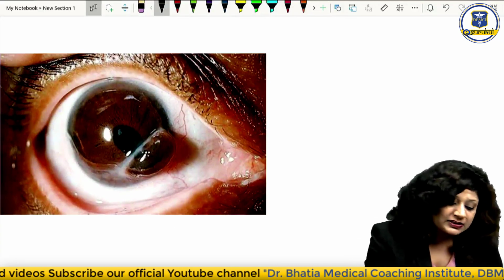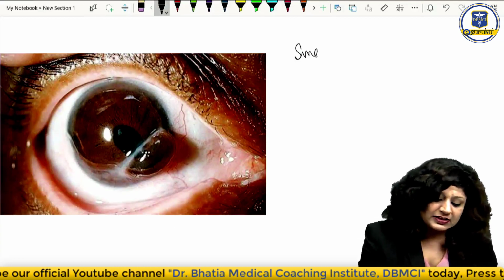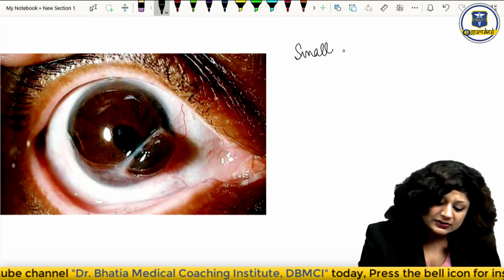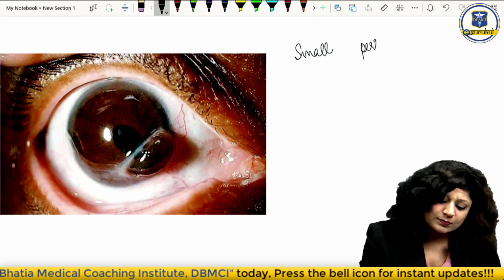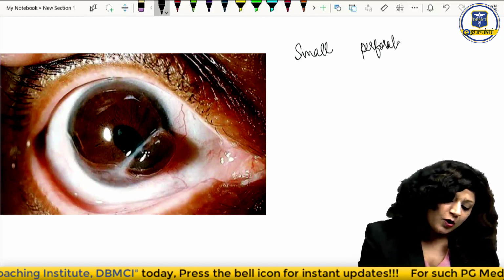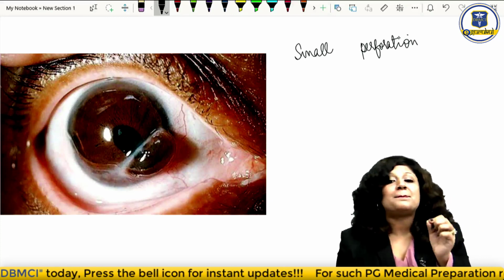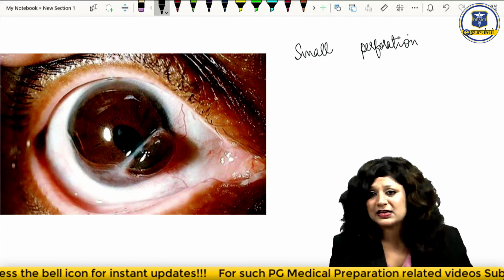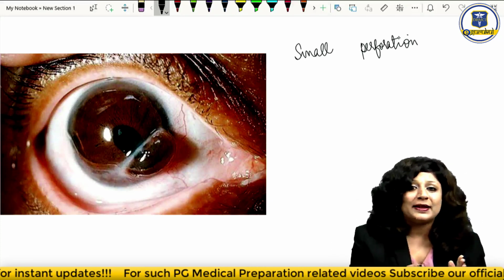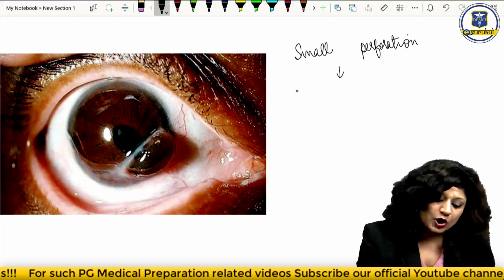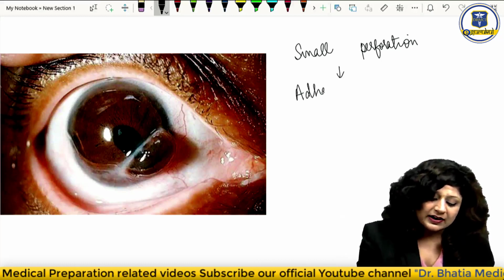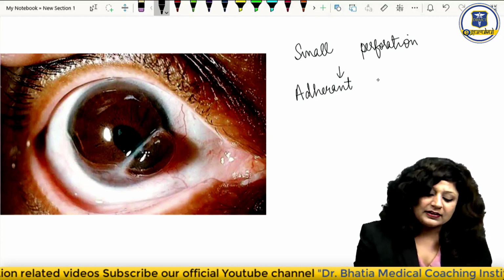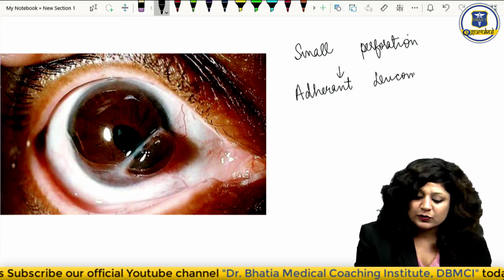If it is a small ulcer causing a small perforation, the complication that arises is called the adherent leukoma.